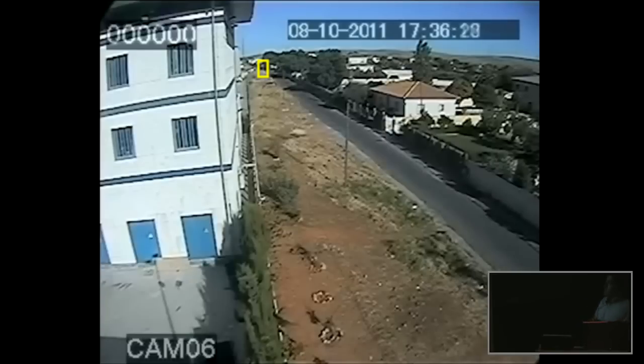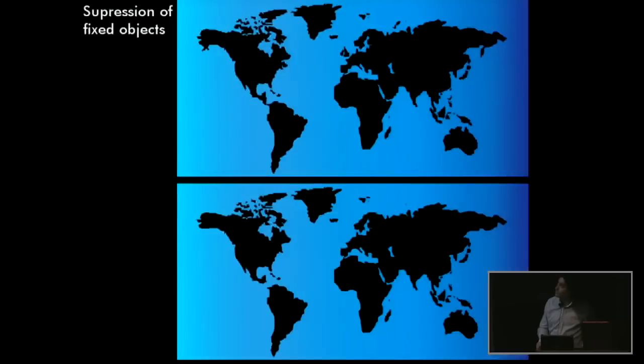So we have located the entrance door, but we still have to check what's happening there. Therefore, my idea was to play the seven differences game. Here we have two world maps, and there are seven differences between the two maps.